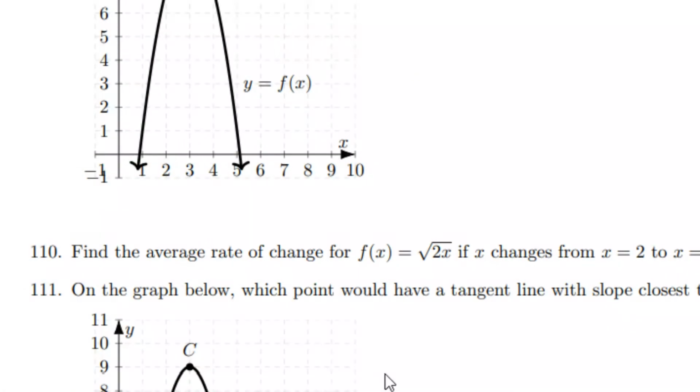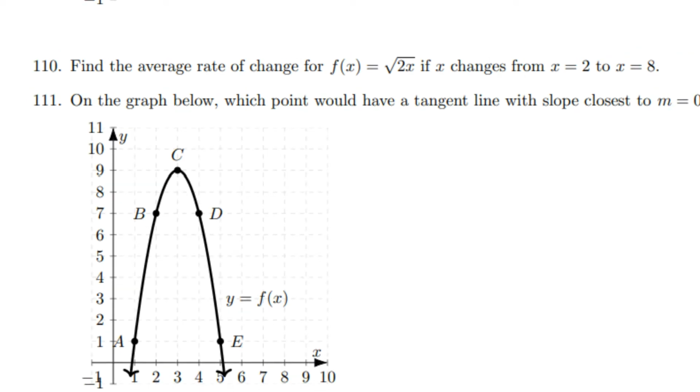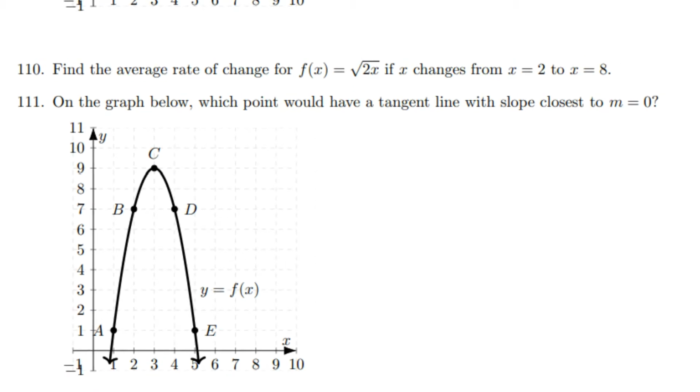All right, and then let's look at 111 here. 111 is asking us, on this graph, which point will have its slope closest to 0?